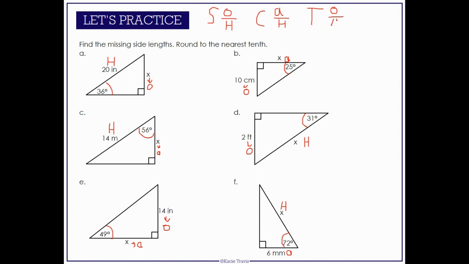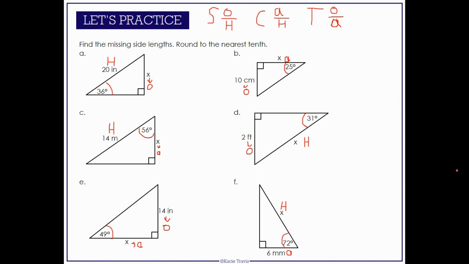Let me actually make this an A. Boom. There we go. All right. So based off of the sides you get, you know which trig ratio you're going to be messing with. So first one we got, A, has our opposite and hypotenuse. This means that we are going to be using the sine ratio.